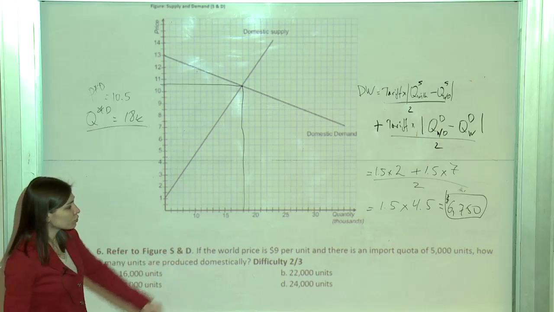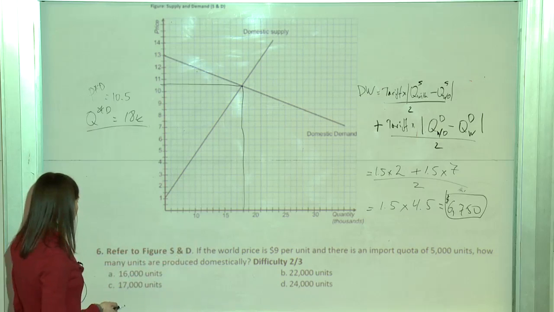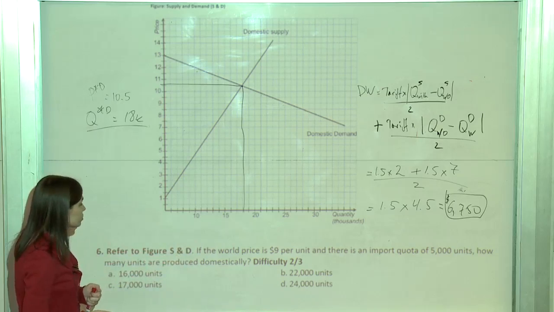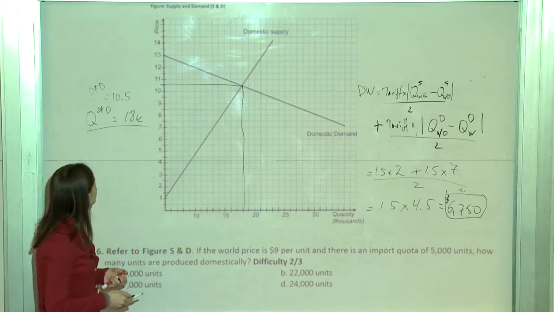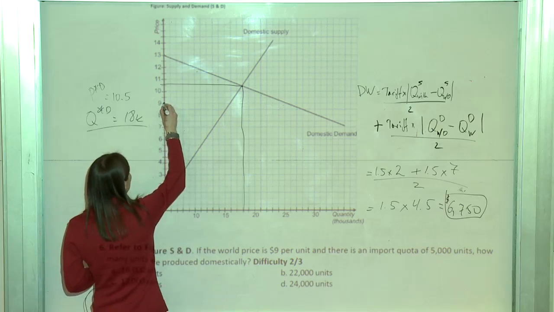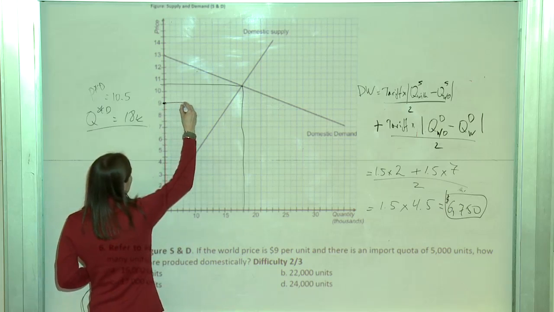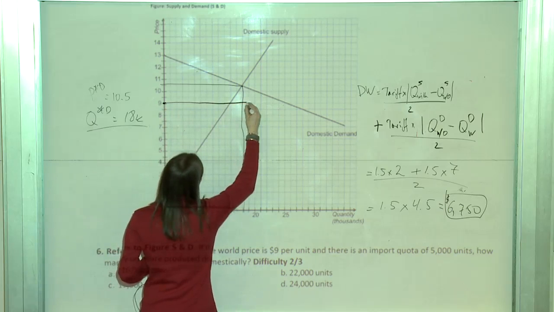However, there is an import quota of 5,000 units. How many units are produced domestically? Okay, so first of all, at a price of 9, where is it here? How many units would we wish to import optimally?